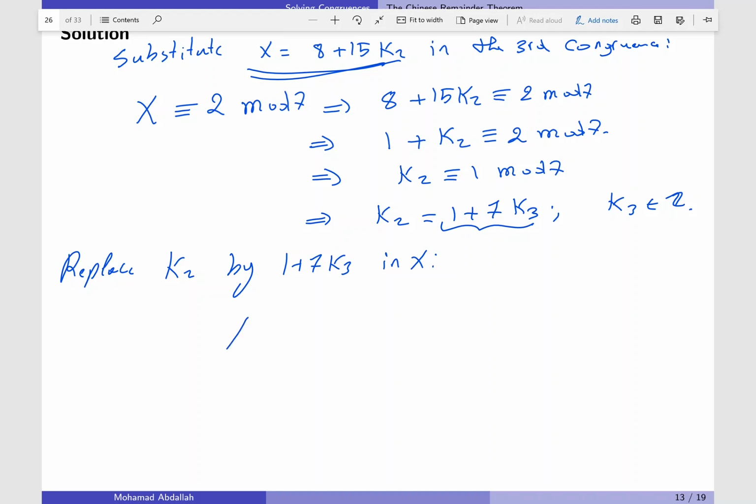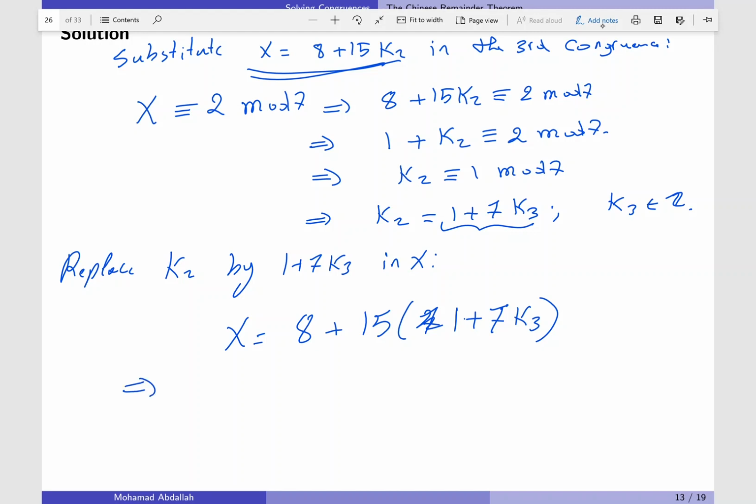So x becomes 8 plus 15 times 1 plus 7k3.